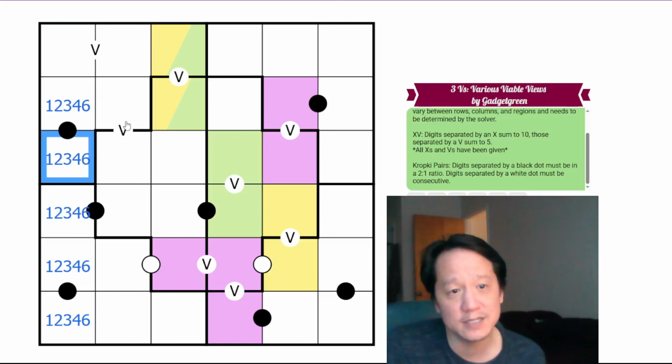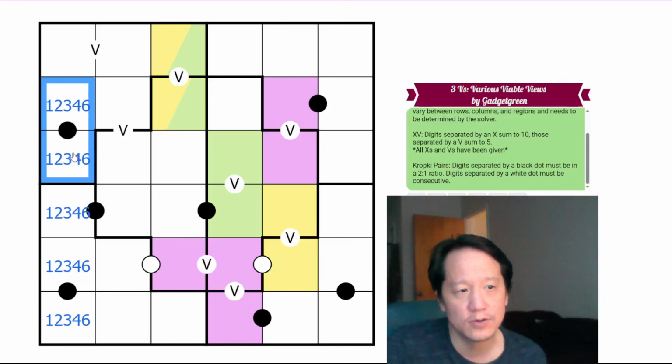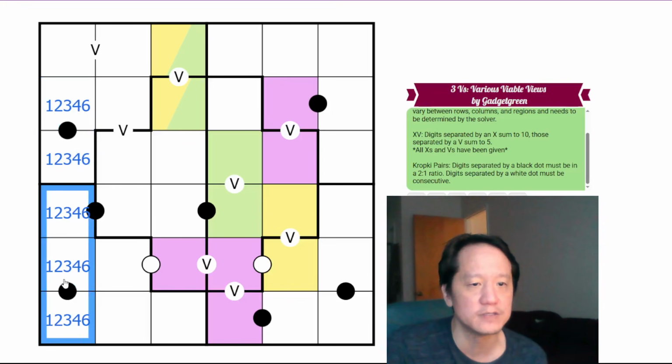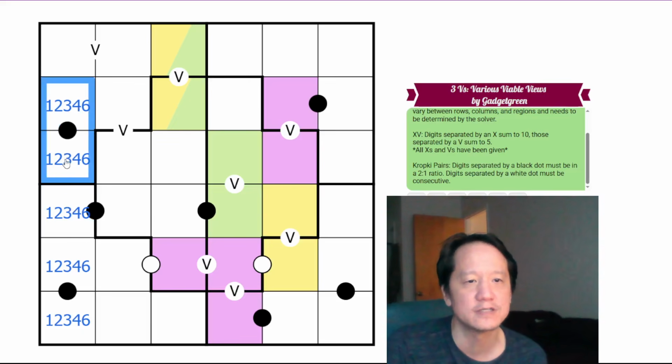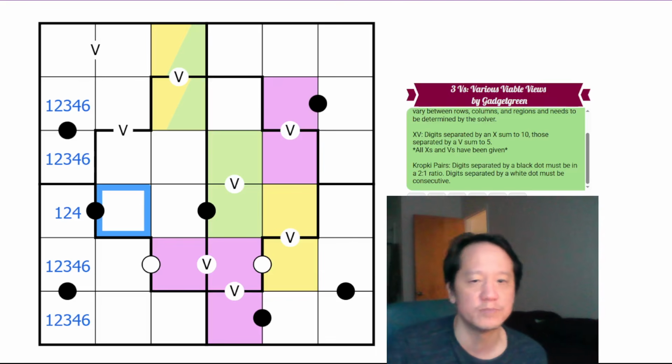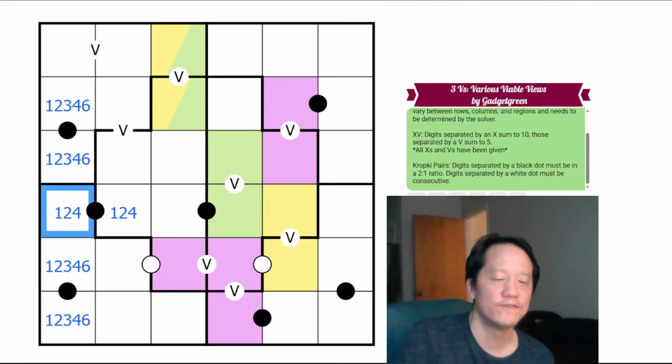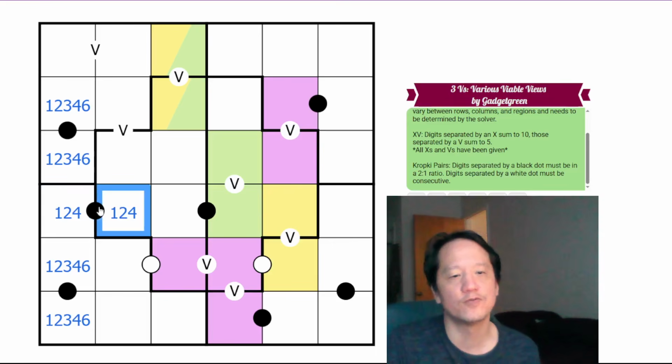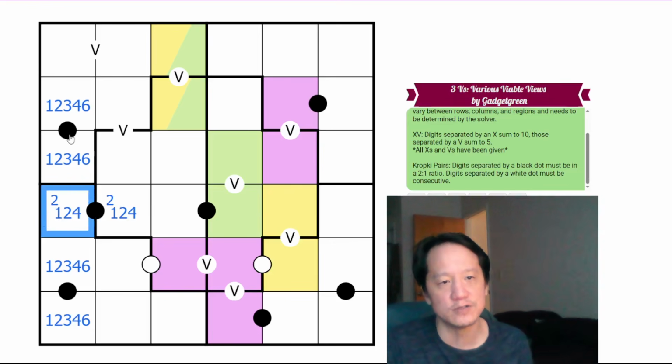3 and 6 have to be together because if 3 is not with 6 in either of these spaces, that means 3 has to be here, but then 6 also has to be here, and it's the same for 6 and 3. So therefore, this cannot be 3 or 6. This is guaranteed to be 1, 2, or 4. 2 has to be one of these digits.